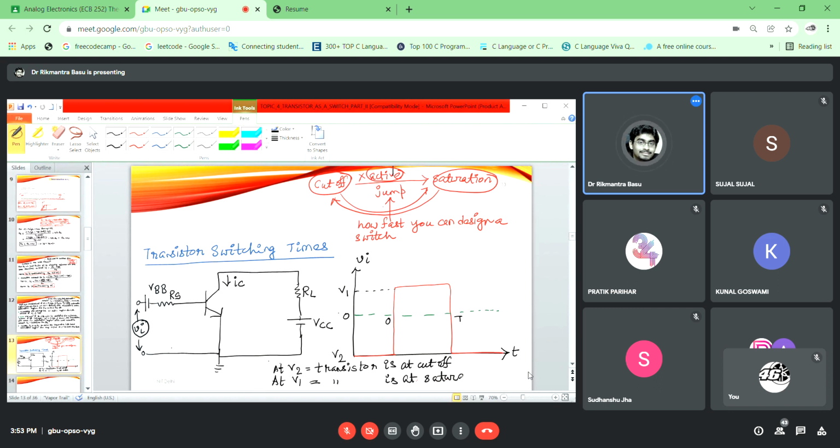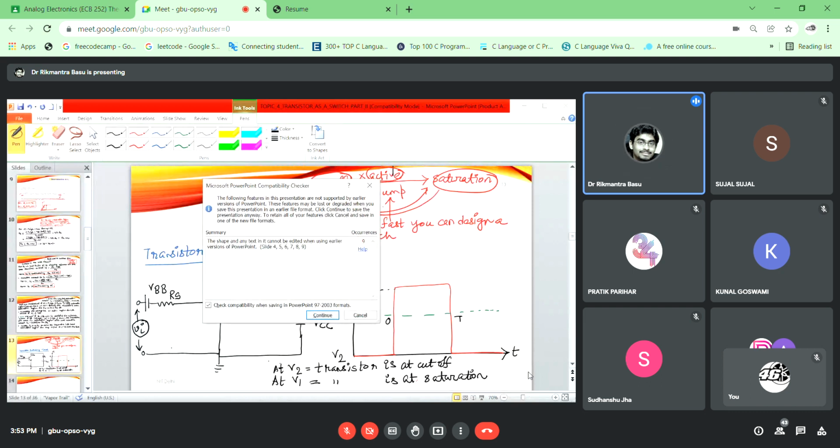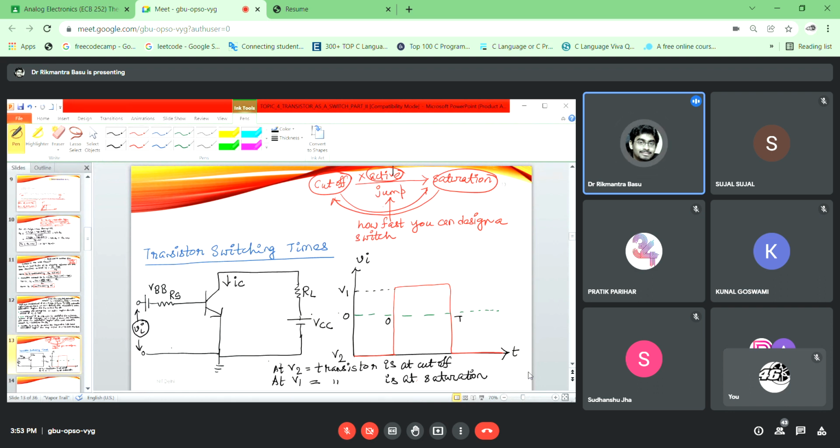That we are assuming against a simple rectangular wave signal. Then we will try to see how the response of this transistor circuit, that means the output current IC with respect to the input voltage VI, actually behaves in a transistor circuitry.